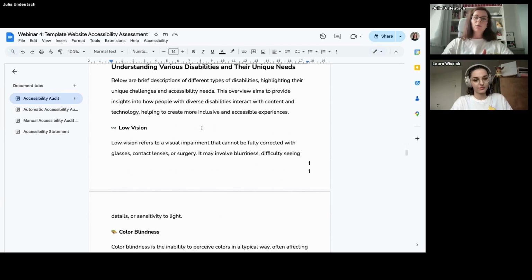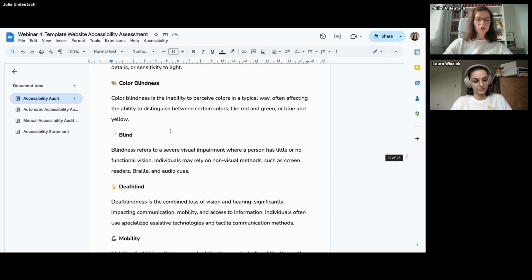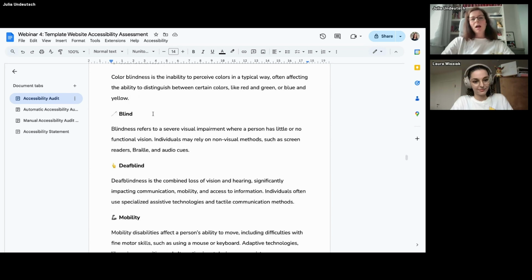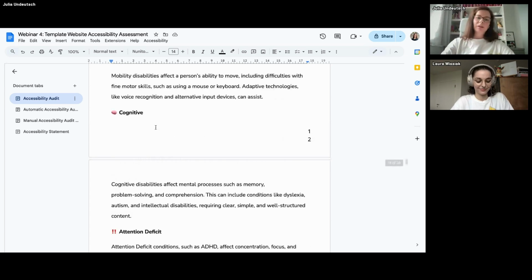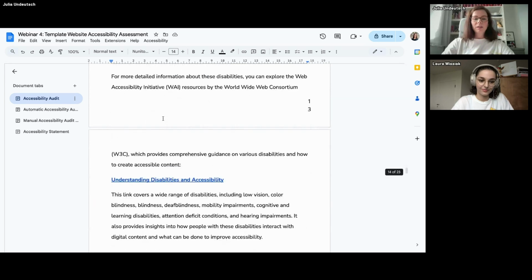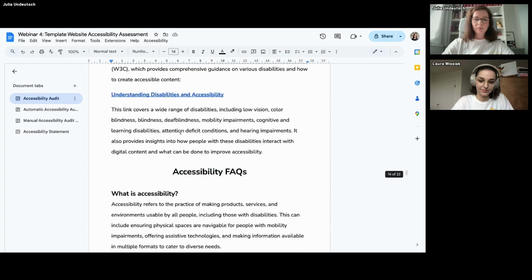I also made use of, when creating the errors, what kind of disabilities are affected, like low vision, color blindness. I added some icons, emoticons I thought back then would be cool. Now I'm sure they are not accessible when wanting to use the document with a screen reader, but I chose them back then to help the developer better understand the different disabilities, and they can always refer back to them.